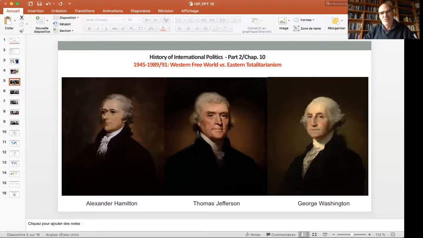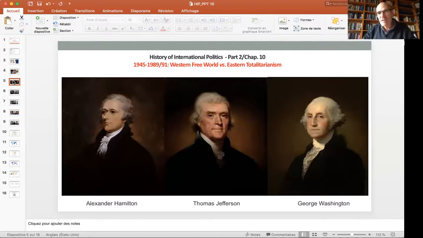He recommended to his fellow citizens that America, I quote, should have as little political connection as possible with foreign nations, of course, while at the same time, I quote again, extending commercial relations. As little political relations as possible, as much trade as possible.